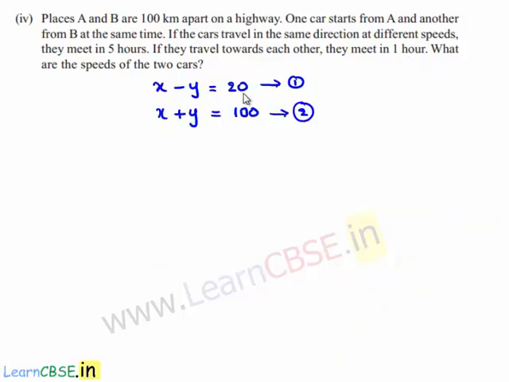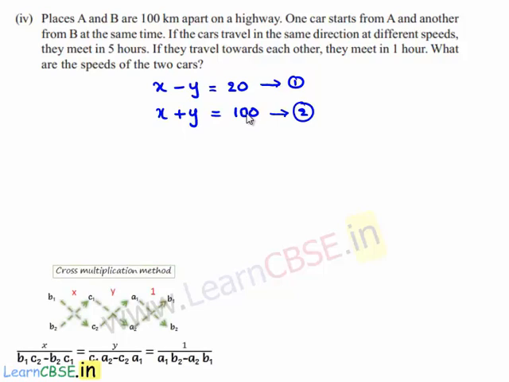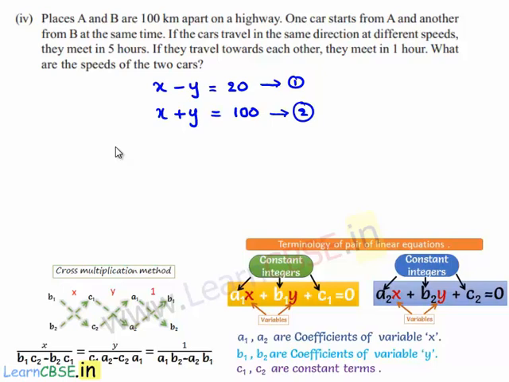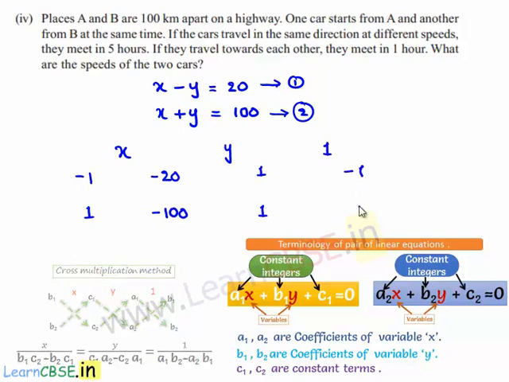Now let us solve equations 1 and 2 by the cross multiplication method. For that we first draw the following diagram. First we write x, y and 1. Now the coefficients of y must be written, that is minus 1 and 1. Next the constant terms, which can be written as minus 20 and minus 100. And now the coefficients of x, 1 and 1, and again the coefficients of y, minus 1 and 1.